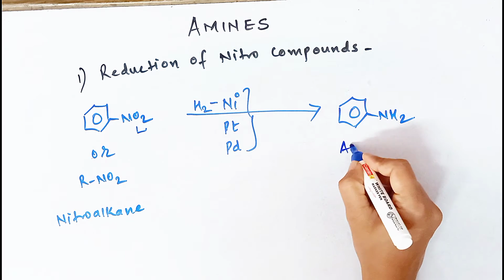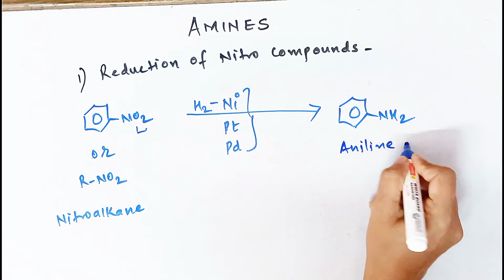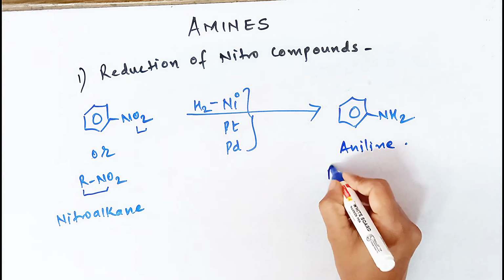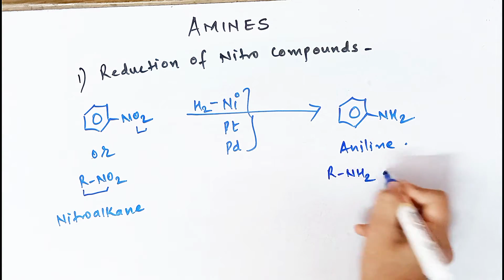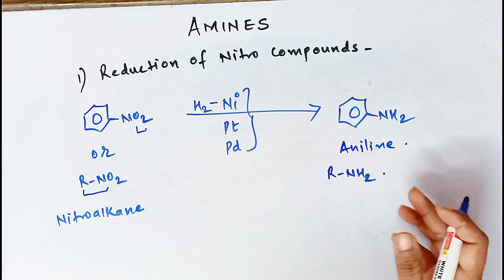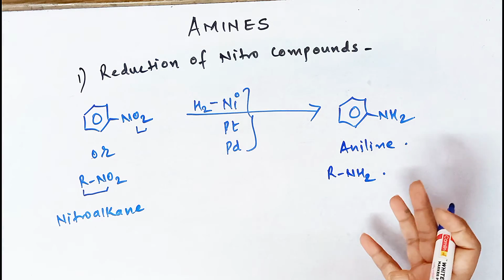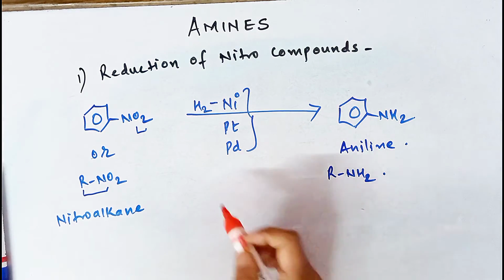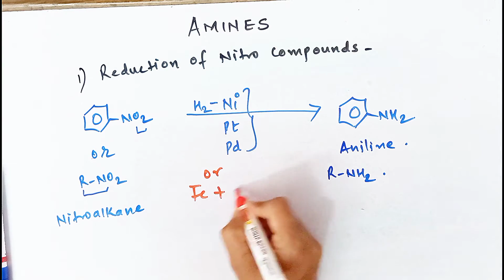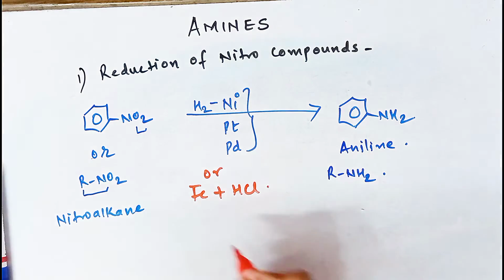So this compound is called aniline. Similarly, if you had taken nitroalkane, you will be getting RNH2 as the product. So this was a very simple method of preparation of aniline or any other aromatic compound or aliphatic amine.